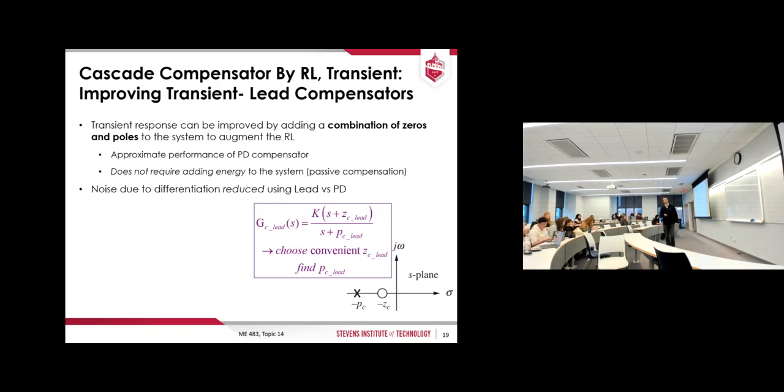So that's your phase lead compensator, which looks almost exactly the same as the phase lag compensator, although the pole-zero locations are reversed. That's it. In the phase lag case, you put your pole at the origin and then put your zero next to the origin. If you remember, maybe you forgot already. But with the phase lead controller, you have to choose a convenient location for Z, the new zero, and then find the pole position.